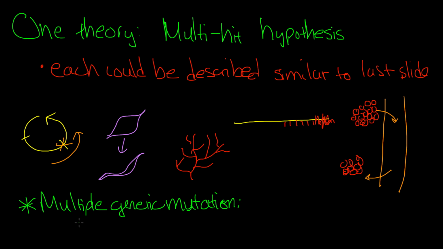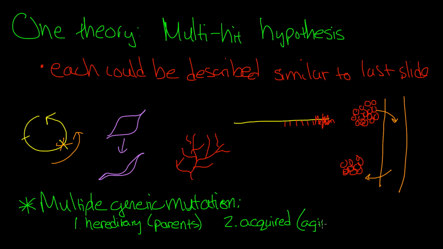These hits can be hereditary, which means that they are passed down from your parents, or they can also be acquired. You can acquire genetic mutations throughout your life, and that could just be a result of aging, which has to do with possibly telomerase activity, or even your DNA just makes mistakes sometimes, and sometimes that's unavoidable.